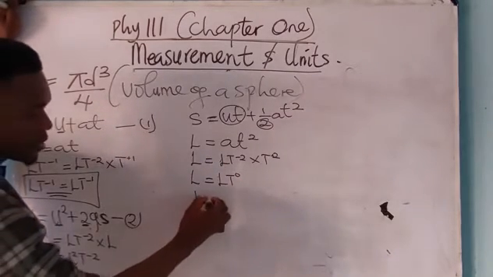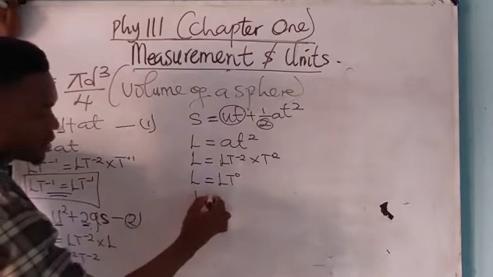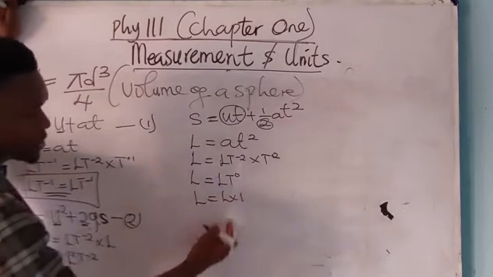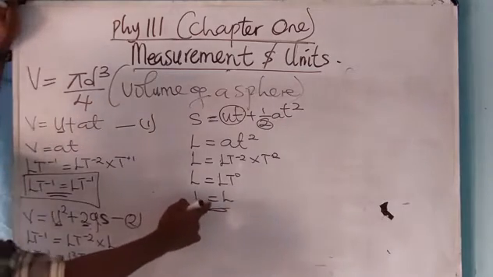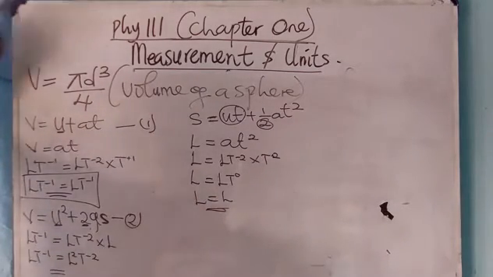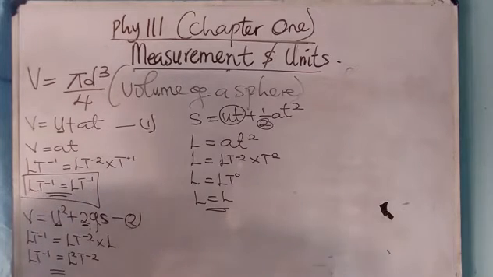It therefore means that L equals L times 1, which is the same thing as L. So L equals L is very, very correct. Take note of that. It is very, very important.